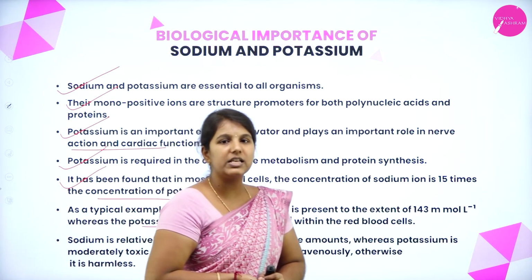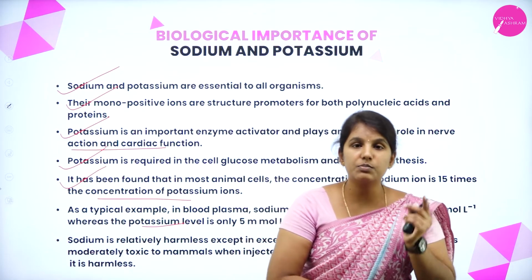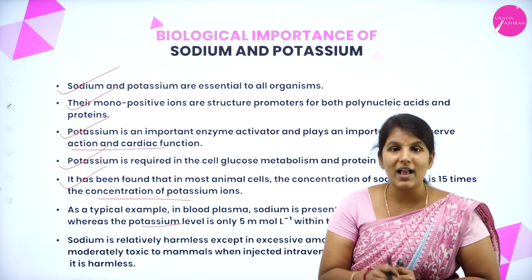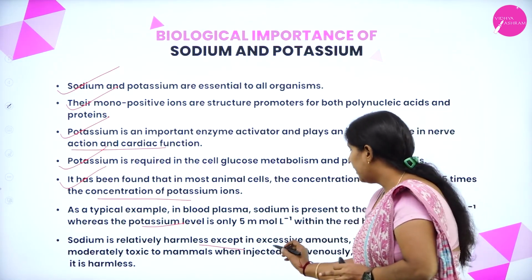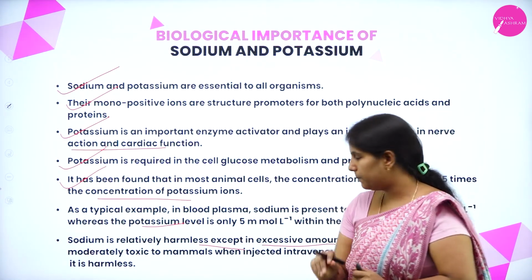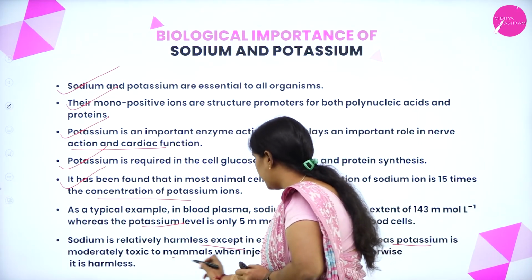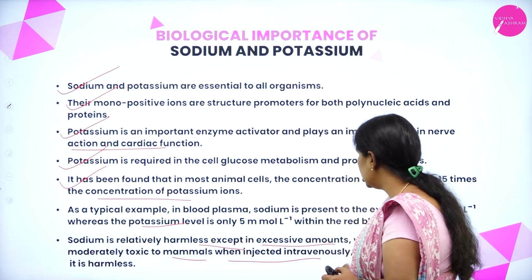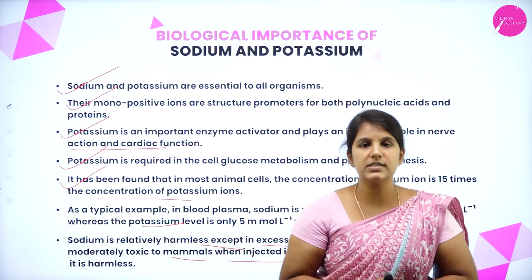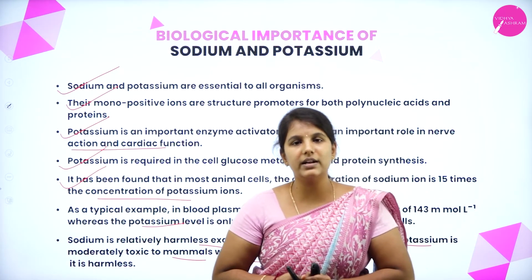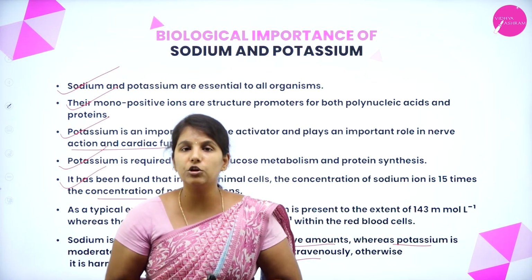So totally we can say that both sodium and potassium are very important for human life, especially to prepare polynucleic acids. Sodium is relatively harmless except in excess, whereas potassium is moderately toxic to mammals when the injection is intravenous, otherwise it is harmless. So this is how we can easily understand that sodium and potassium salts are very important for the human body.